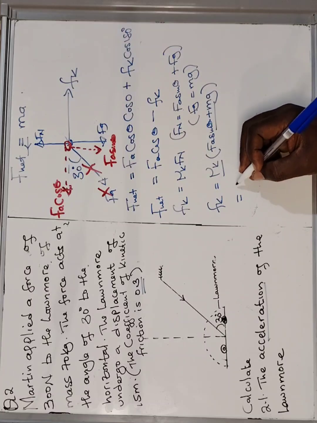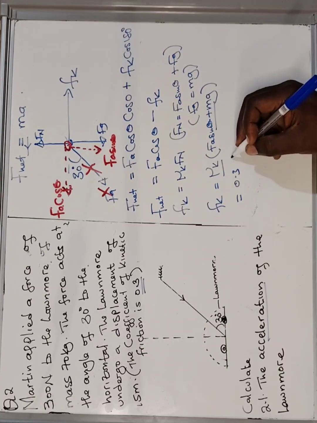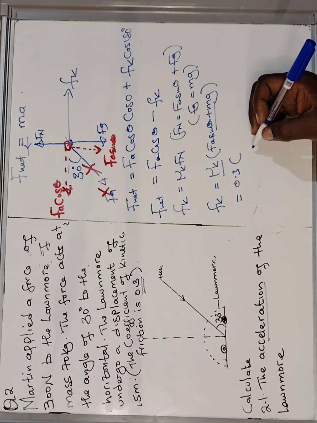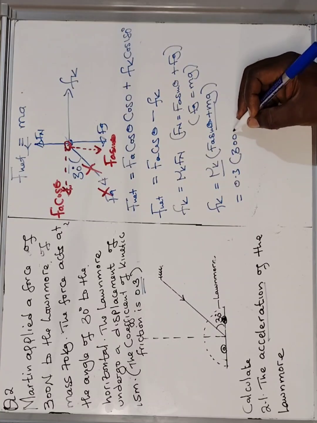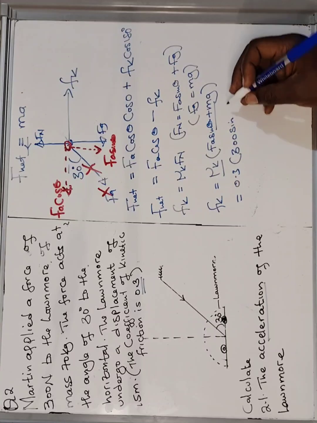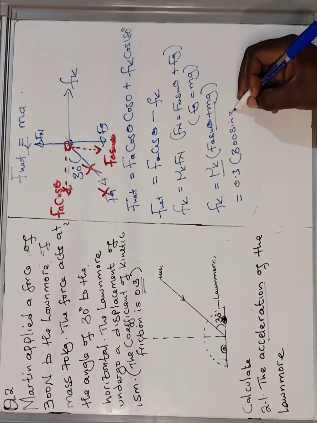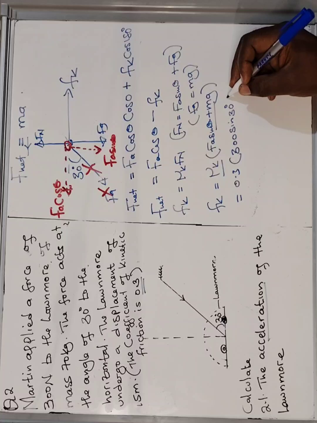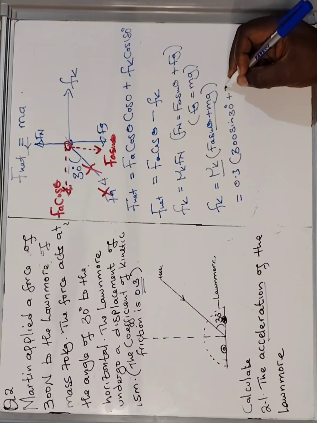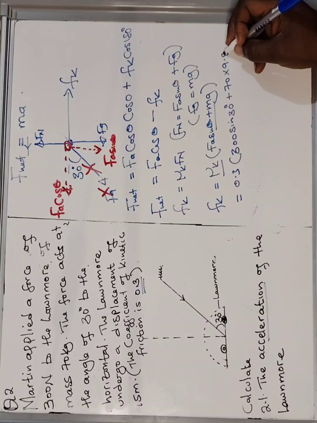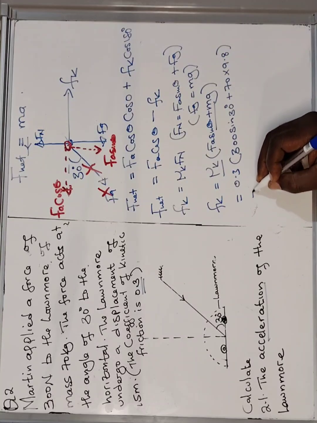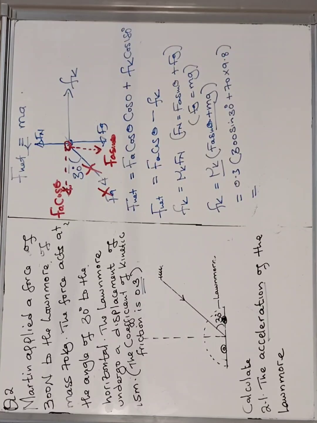Our mu k is known and is 0.3. Our force applied is 300 newtons. Sine 30 degrees, plus 70 times 9.8. What you get there will be our Fk. Let's see what we get out of that.